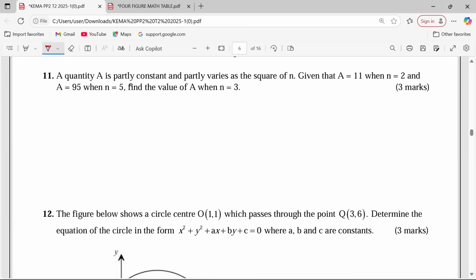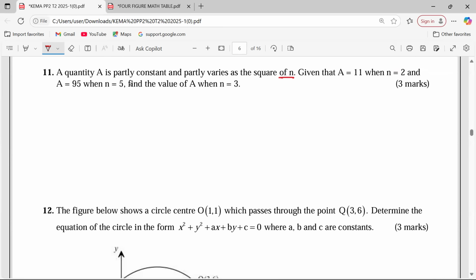A quantity A is partly constant and partly varies as the square of N. So this is partial variation, in other words. Given that A equals 11 when N equals 2 and A equals 95 when N equals 5, find the value of A when N equals 3. Yeah, when N equals 3.